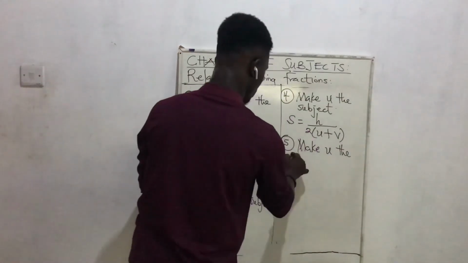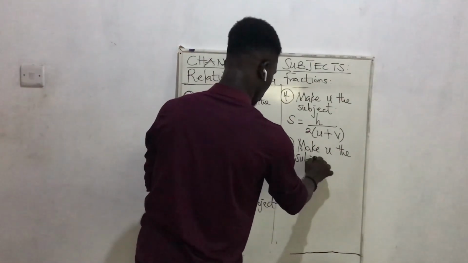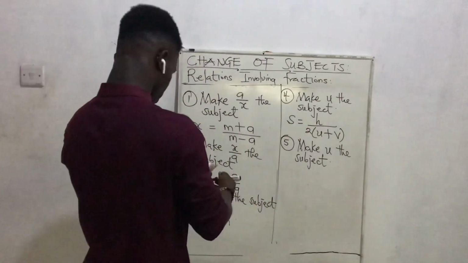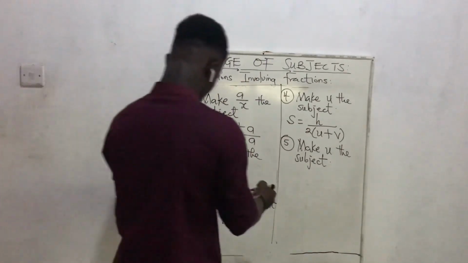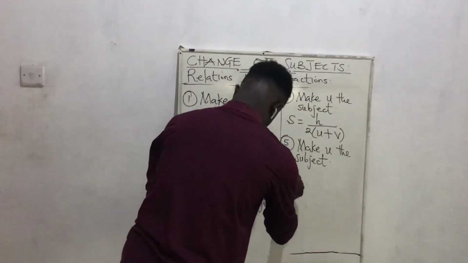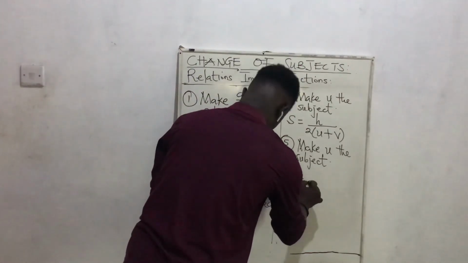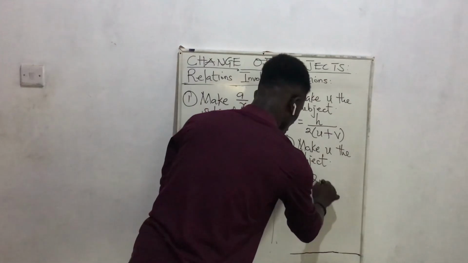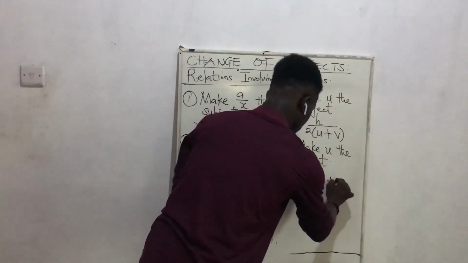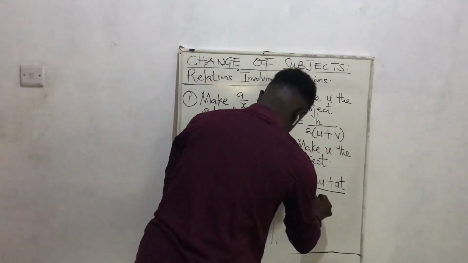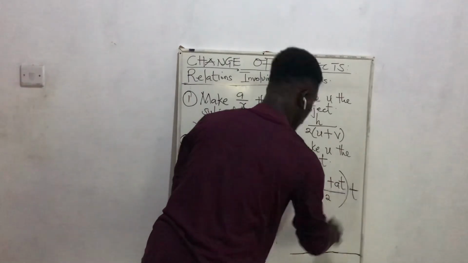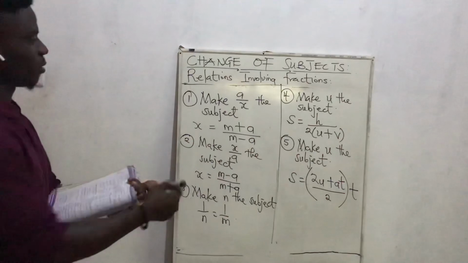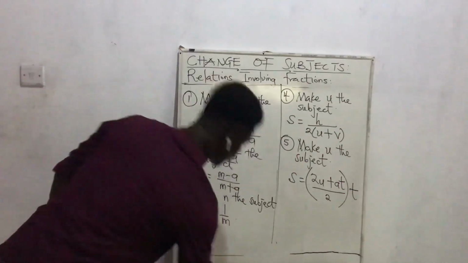Make U the subject. So we have S equals 2U plus 80 all over 2 multiplied by T. So try them yourself.